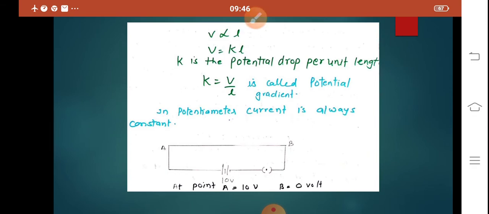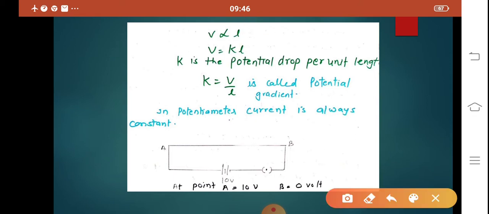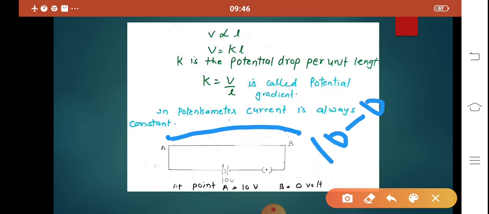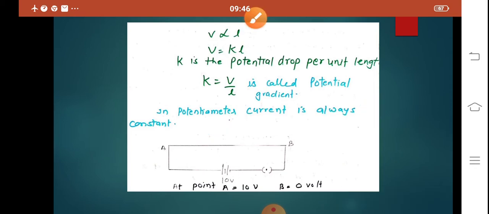Now, if the potential at point A is 10, the potential at point B will be 0, since the positive terminal of the battery is connected at A. So here it will be 10 and 0, and the potential difference will be 10 minus 0. Now see what is the meaning of this.